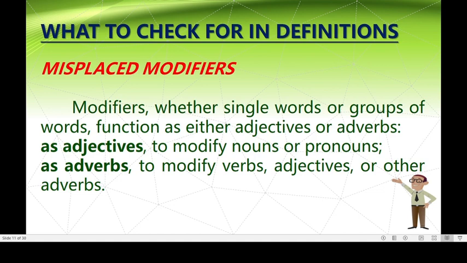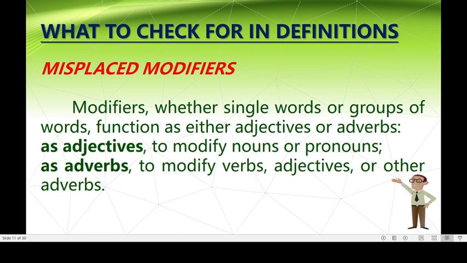Next on our list is what to check for in definitions. Misplaced modifiers. Modifiers, whether single words or groups of words, function as either adjectives or adverbs. As adjectives, they modify nouns or pronouns.